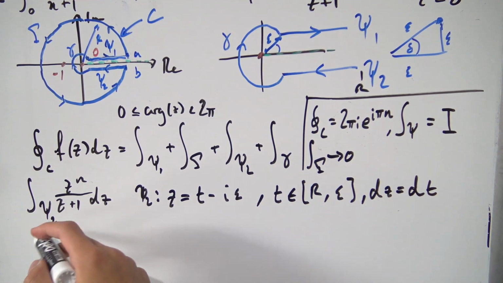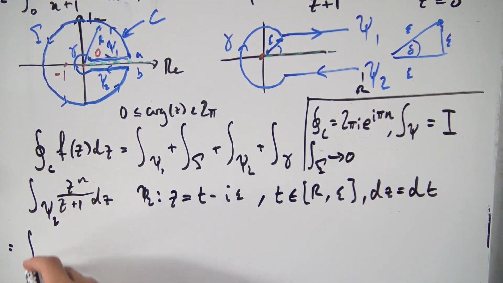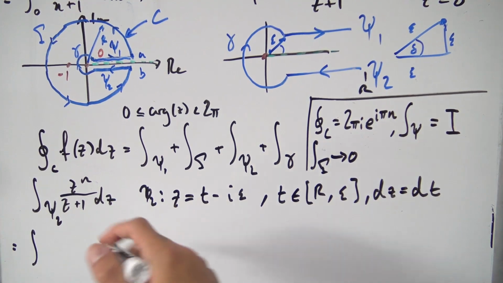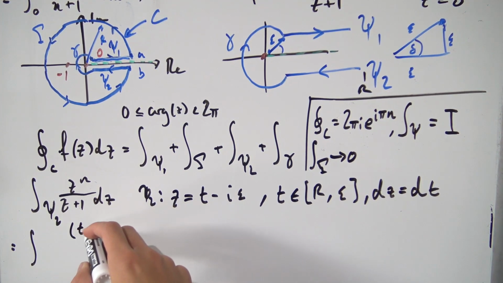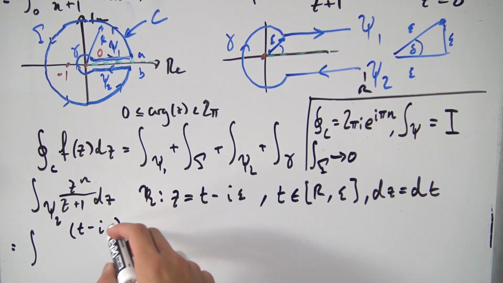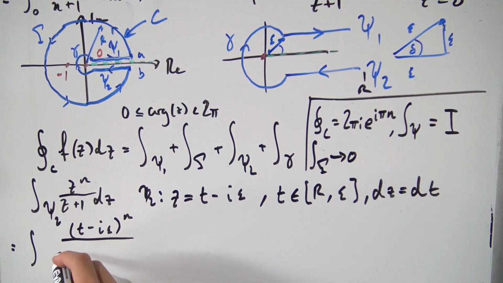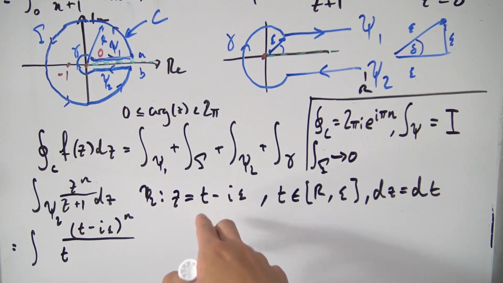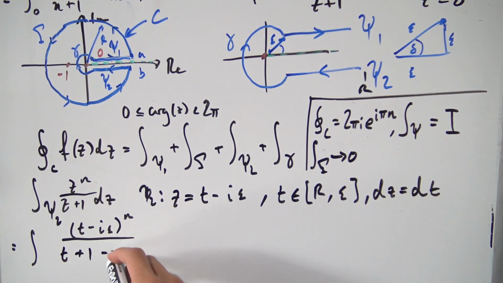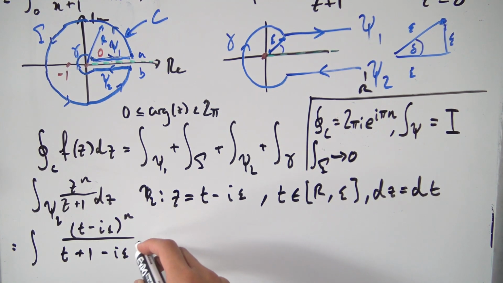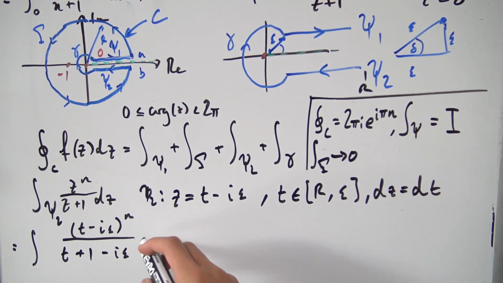So plugging all of this stuff in, we're going to have the integral. z is exactly this thing right here. So we're going to have, let's see, t minus i epsilon to the n over z plus 1, which is t minus i epsilon, but let's put the plus 1 first, and then minus i times epsilon, and then dz is dt.